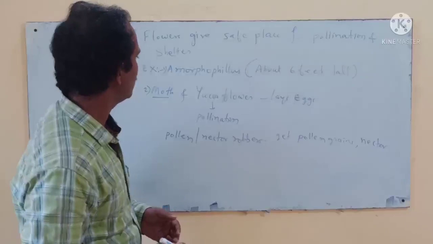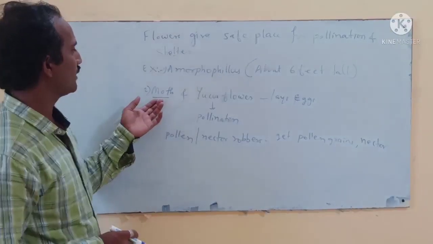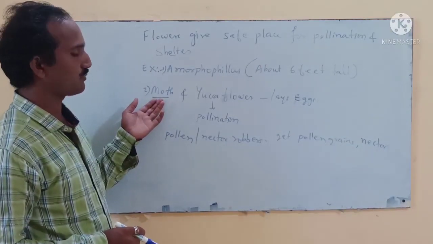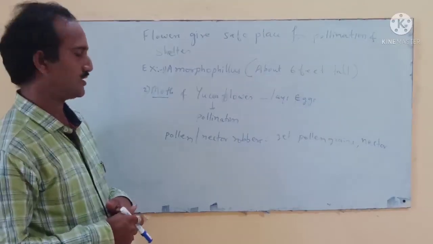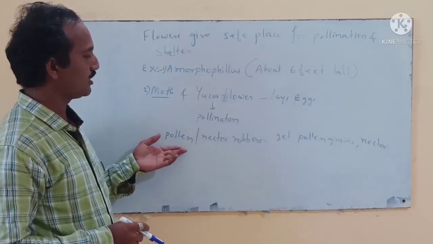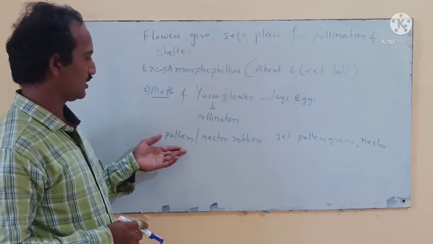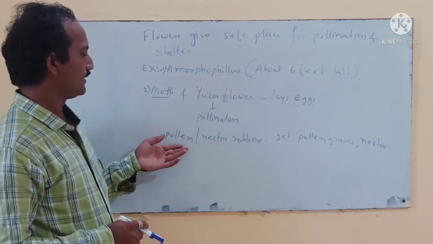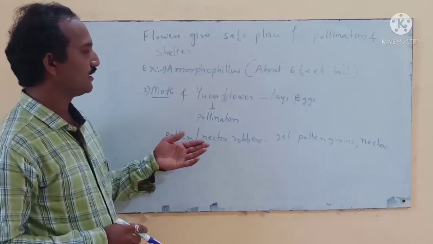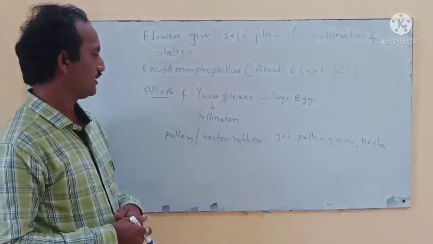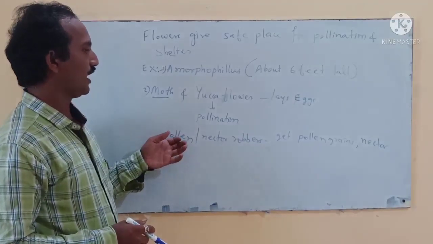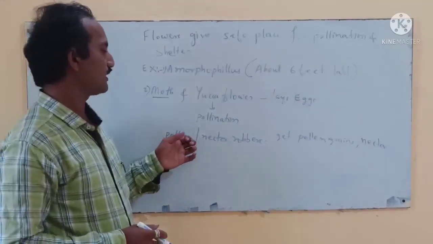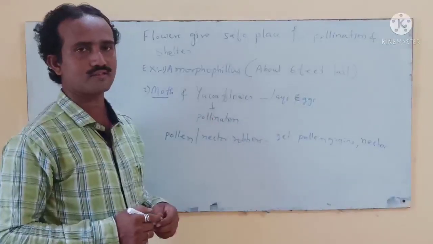So this is how pollination takes place in this type of mutually understanding flowers and animals. But most of the animals do not carry out the pollination. They get the pollen and the nectar from the flower but do not pollinate. Such types of animals are called pollen or nectar robbers.